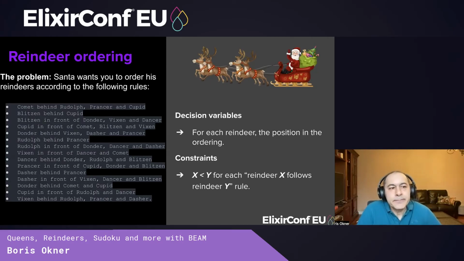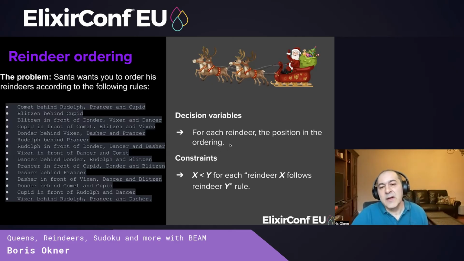We have 15 rules, and this is not a hard problem to solve by hand, but personally, I do not solve puzzles by hand anymore. I would prefer to put together a model. For me, it's actually more fun than solving manually to just use Elixir for solving.